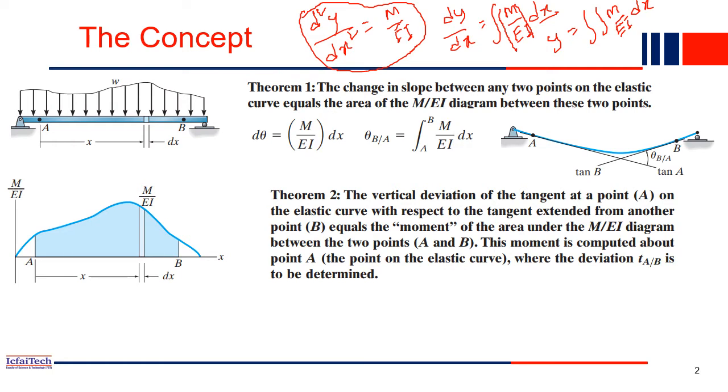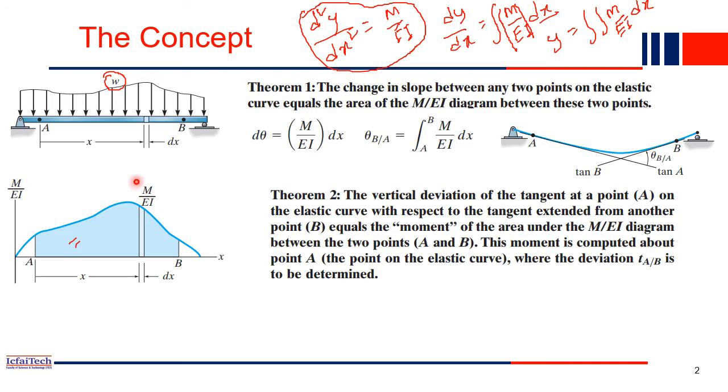Here M is basically the moment diagram. When the load W is applied on the beam, this is the moment diagram you have. Already we know how to draw the moment diagram. So this is the moment diagram for this beam with an arbitrary load W acting.